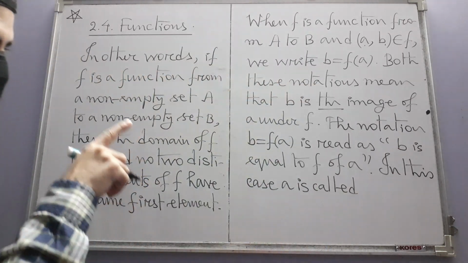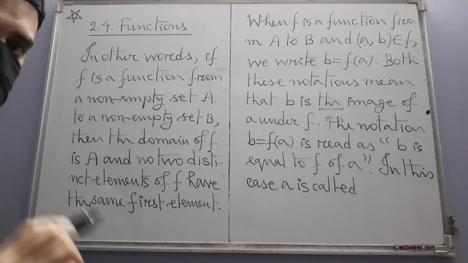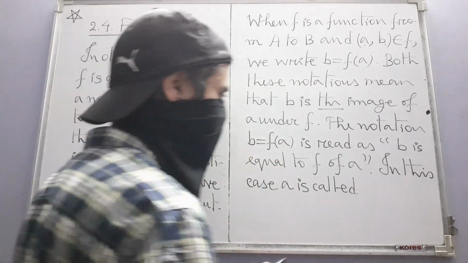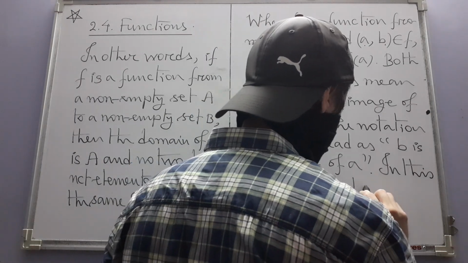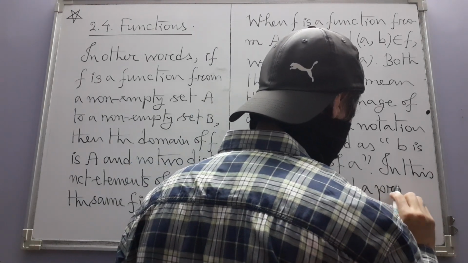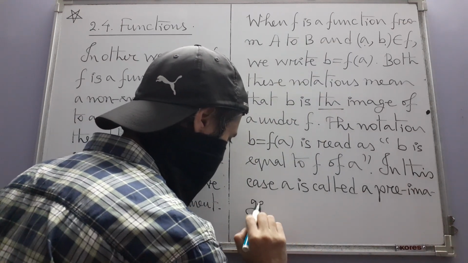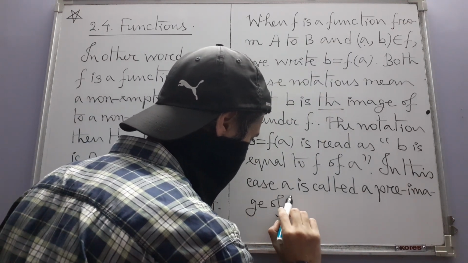However, when you have this relation between B and A, then A also gets a name in relation to B. A is called a pre-image of B.